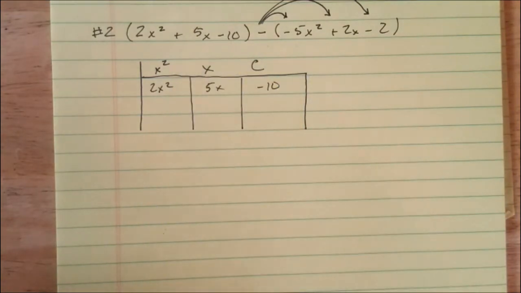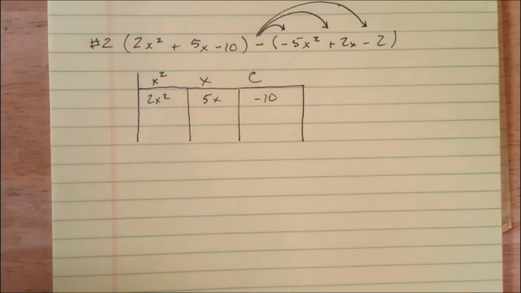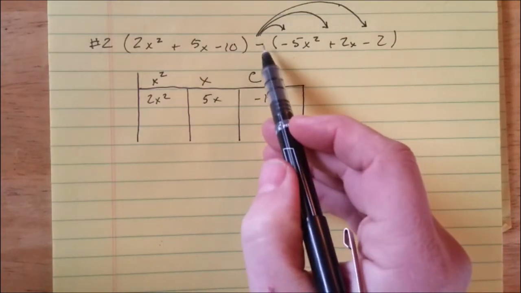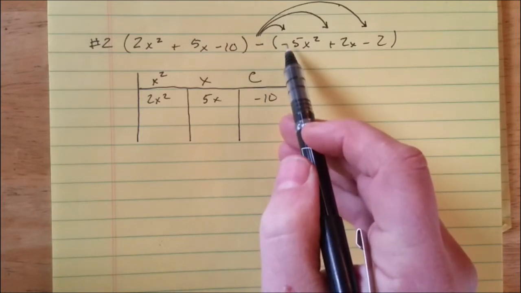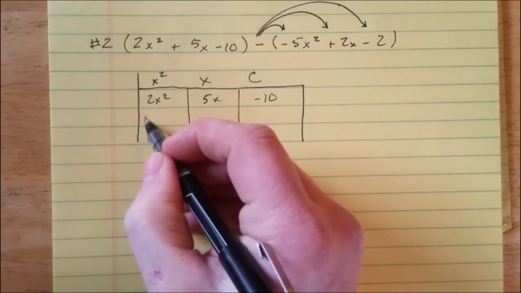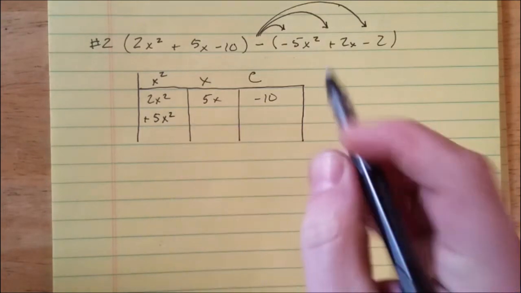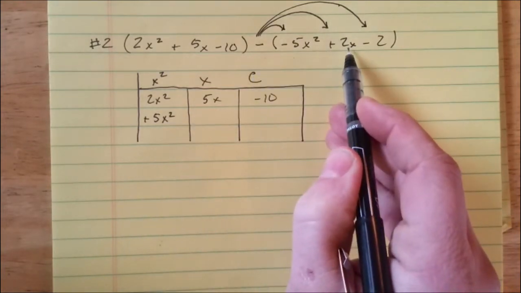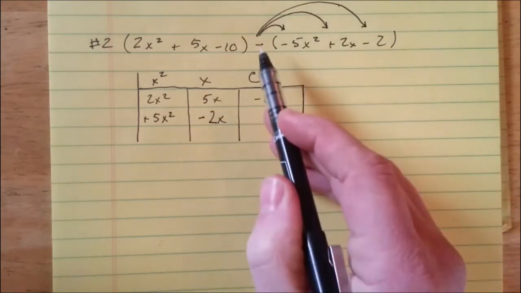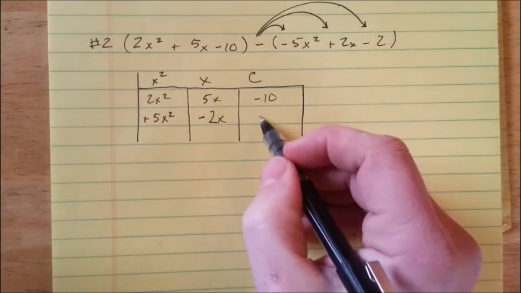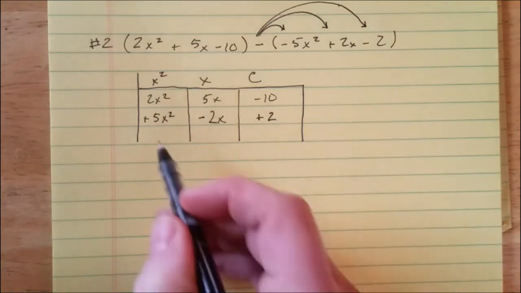Always got to include the power in front of it. Minus a negative 5x squared. Minus a negative, I hope you remember that becomes positive 5x squared. Minus 2x would be negative 2x. And minus a negative 2, that would be plus 2.